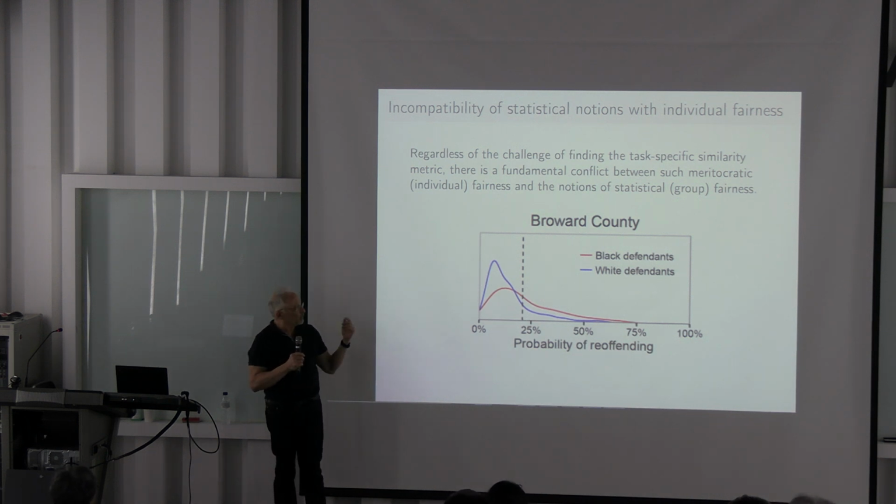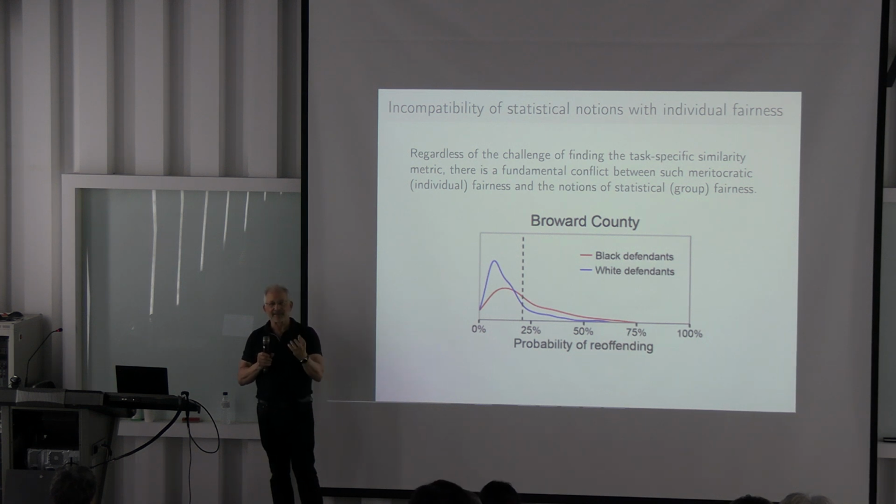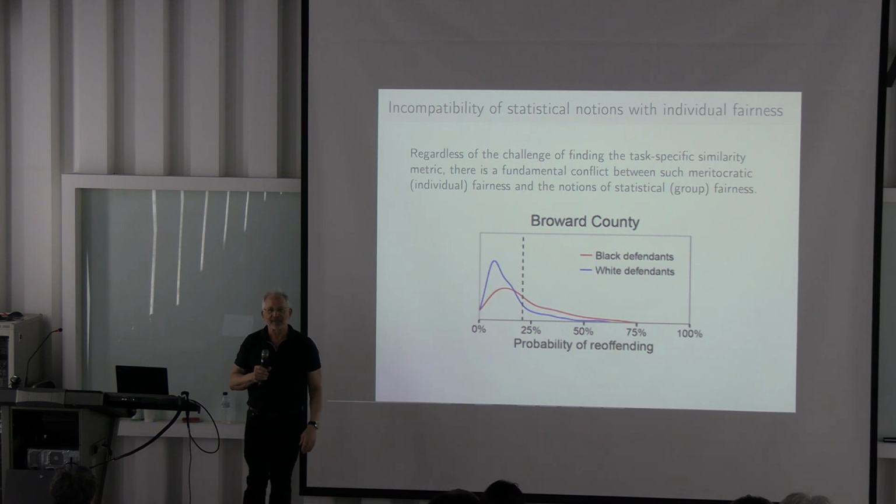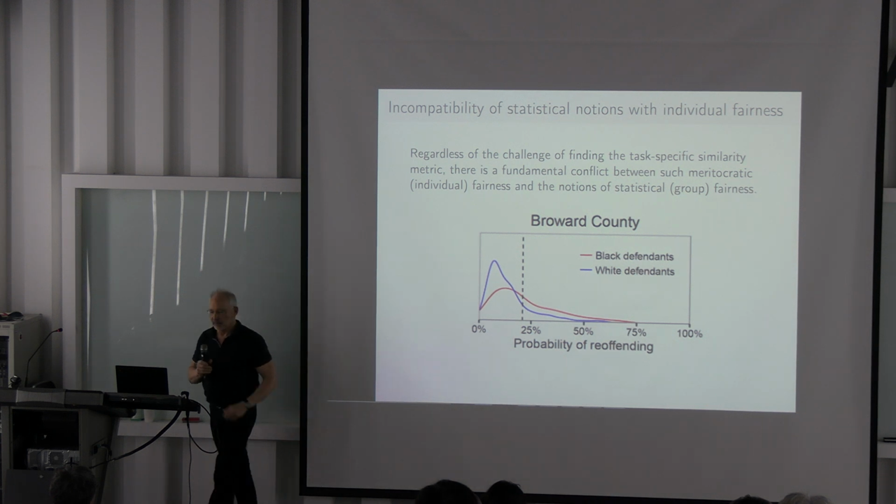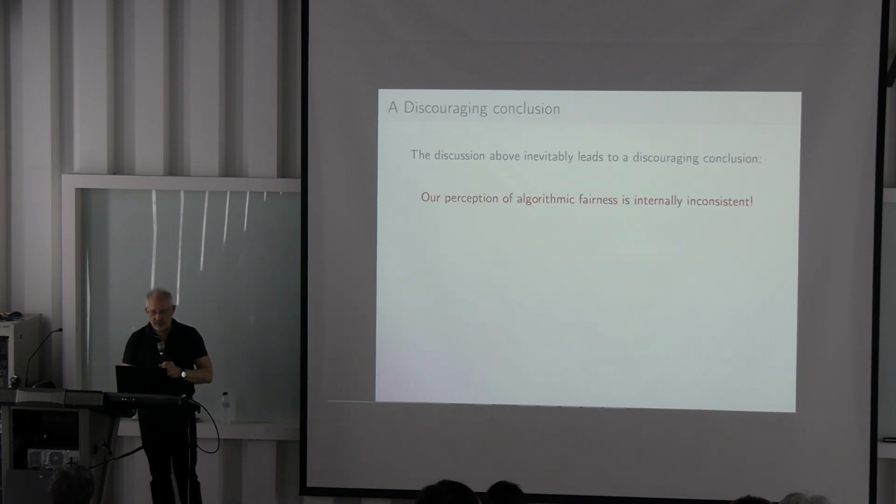But we're just saying, if we really had a miracle board that would tell us who is going to reoffend or not, and we used it to do individual fairness, just looking at the success rate, we would still, with this magical future seen, be violating group fairness. So that was based on backwards data. Yeah, that was better maybe. Okay.